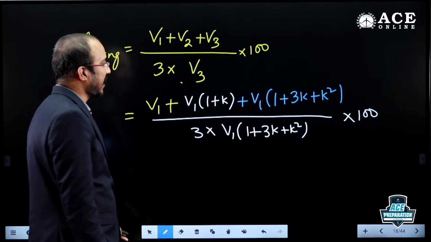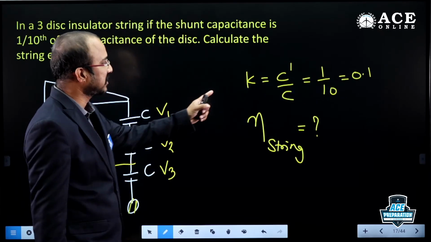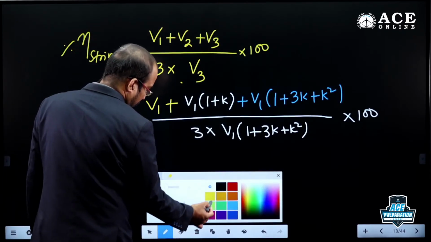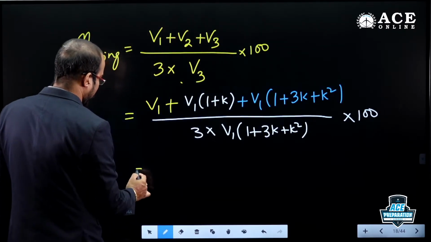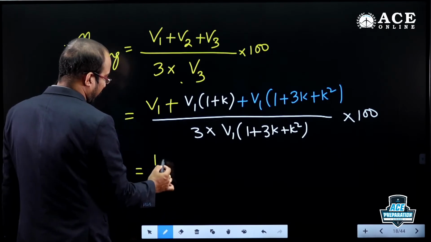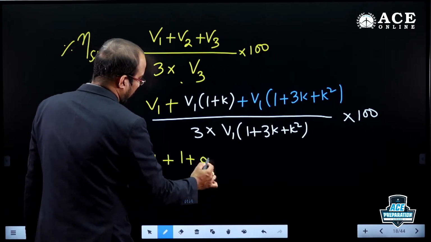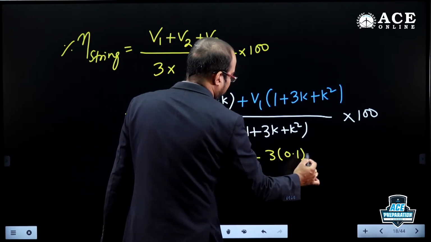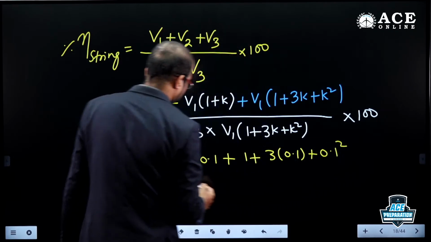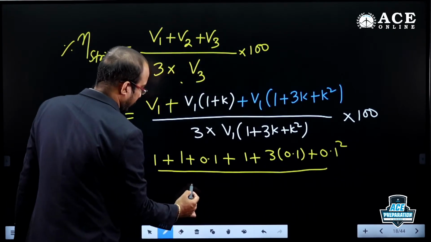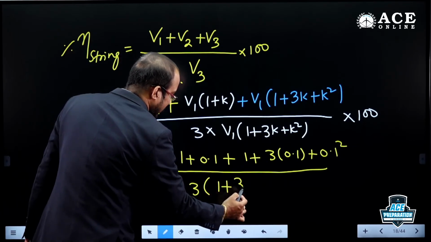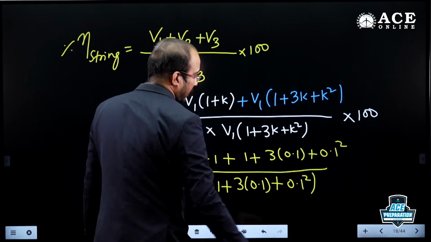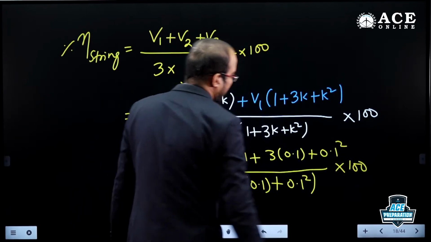So we need to substitute the value of K here. K is given in the question as 1/10, that is 0.1. If you simplify this, you will get: 1 plus 1.1 plus 1 plus 3 into 0.1 plus 0.1 square, divided by 3 into 1 plus 3 into 0.1 plus 0.1 square, multiplied with 100.